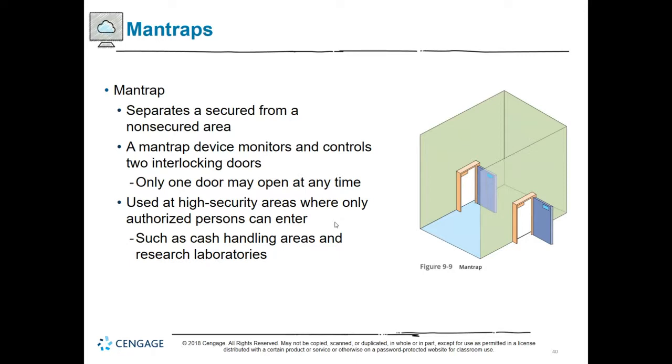It says used in high security areas where only authorized persons can enter, such as cash handling areas and research laboratories. You go in the first door, that door shuts, and if you're allowed to go into the next area, then you're allowed to proceed. So it's really used as what it says. It's a man trap. If you don't have permission to go to that next room, you're stuck in that room.